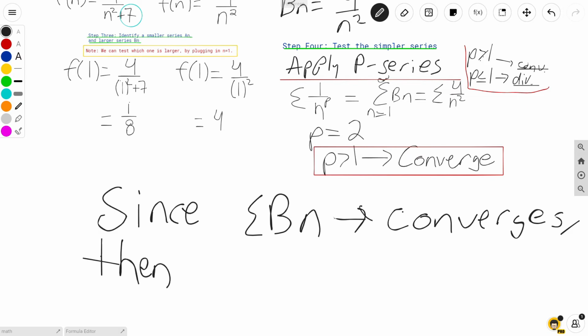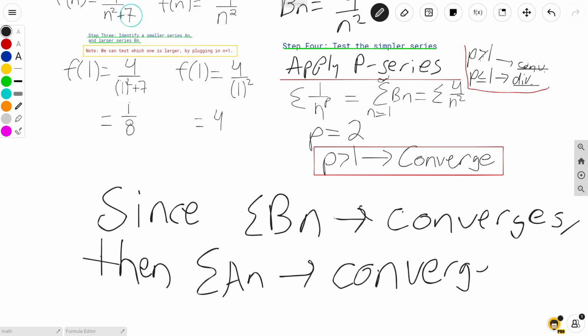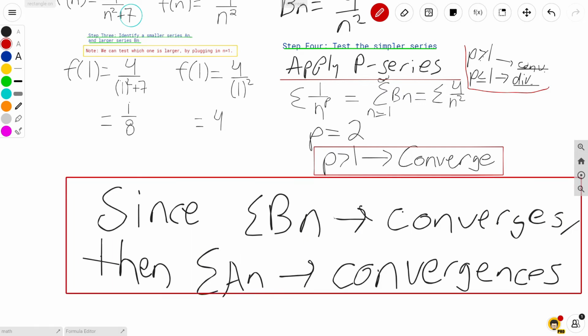Then the series a sub n also converges. And that's how you apply the direct comparison test. So basically just apply these 4 steps, where we're comparing it to a similar function.